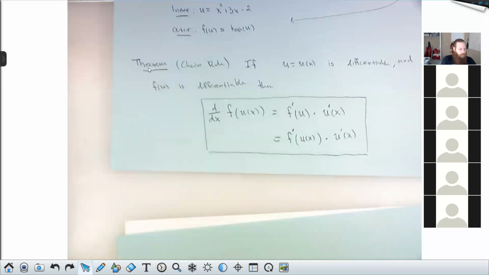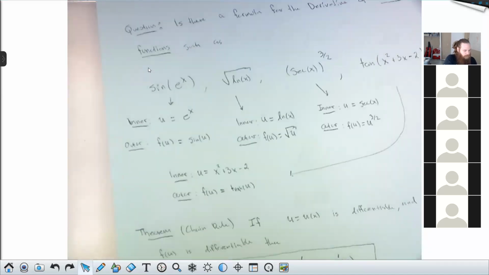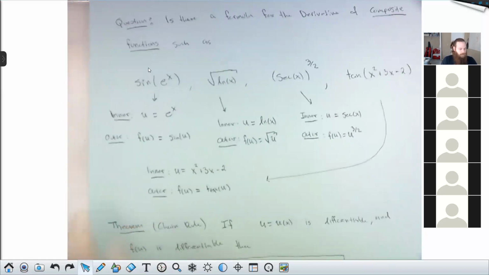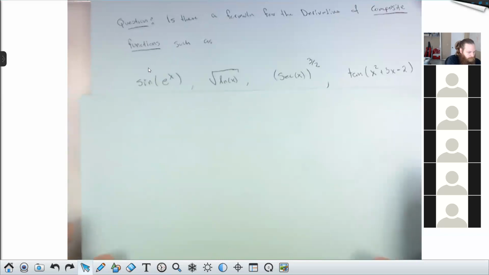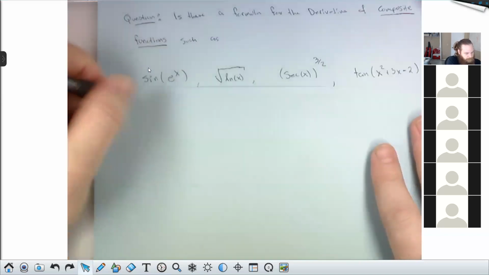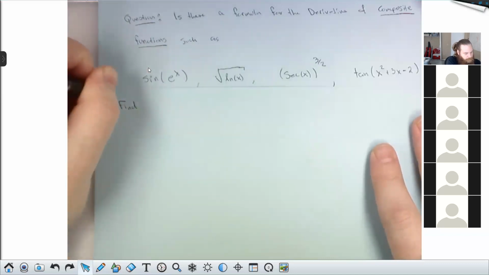All right. So let's come back to each of these functions that we were playing with before. I want to differentiate an example.